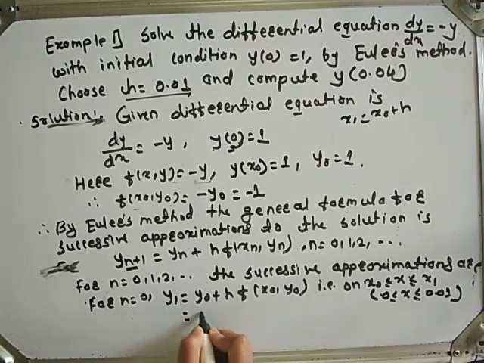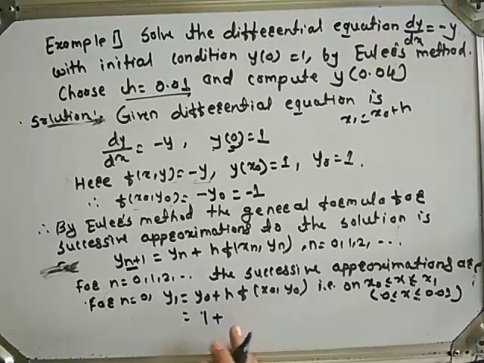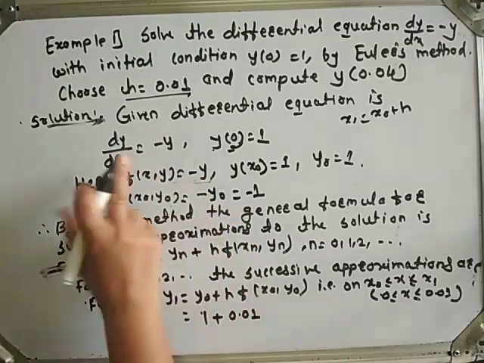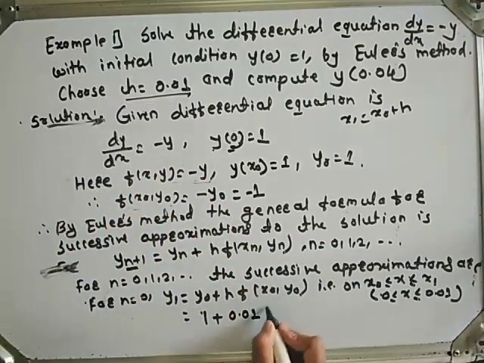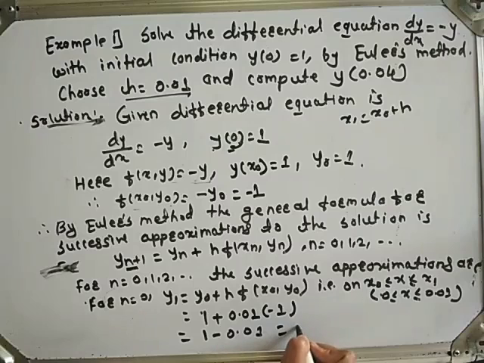Which is equal to y0 is 1 plus h is 0.01 into f of x0, y0 which is minus 1, so 1 minus 0.01, which is equal to 0.99. This is the value of y1.